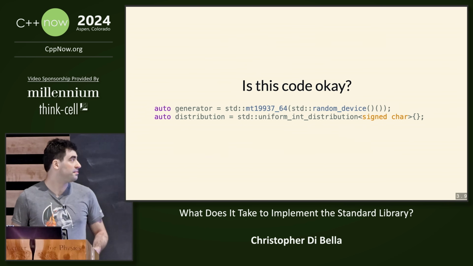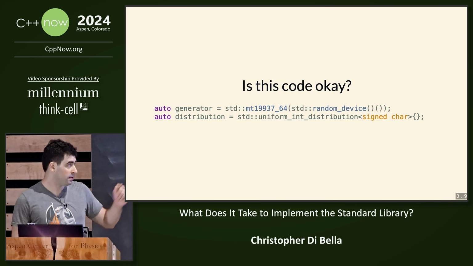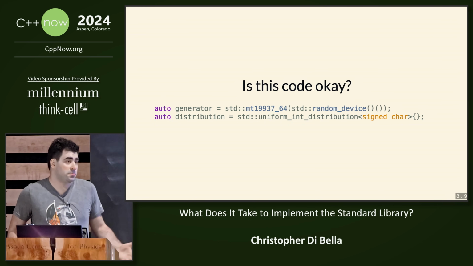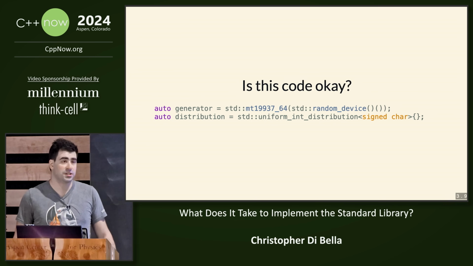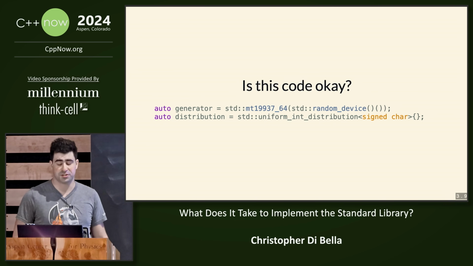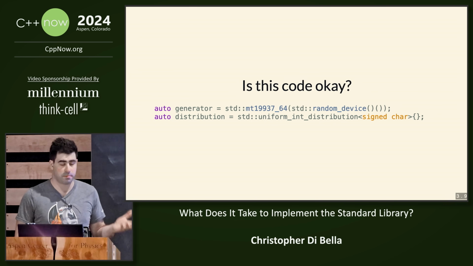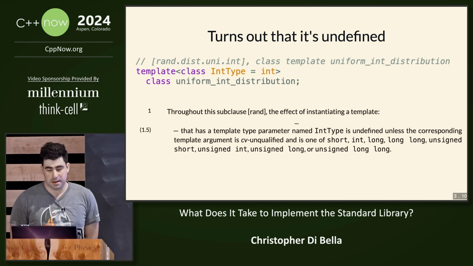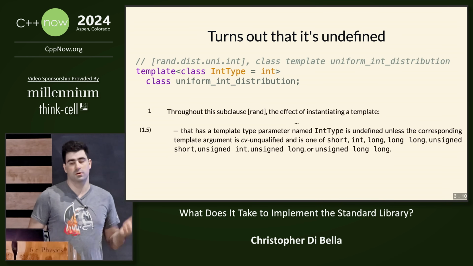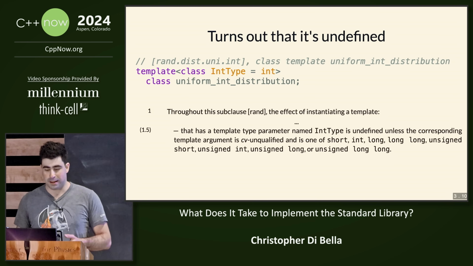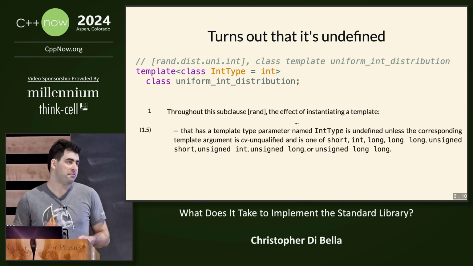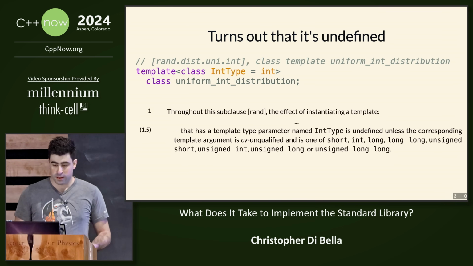They had this sort of code in their test suite, and it randomly broke. From the user's perspective, this is just generating a bunch of 8-bit integers, so it was okay code. But the implementation didn't have tests for signed char and similar types, and so they had concerns about correctness. And that meant that they decided to stop supporting it.